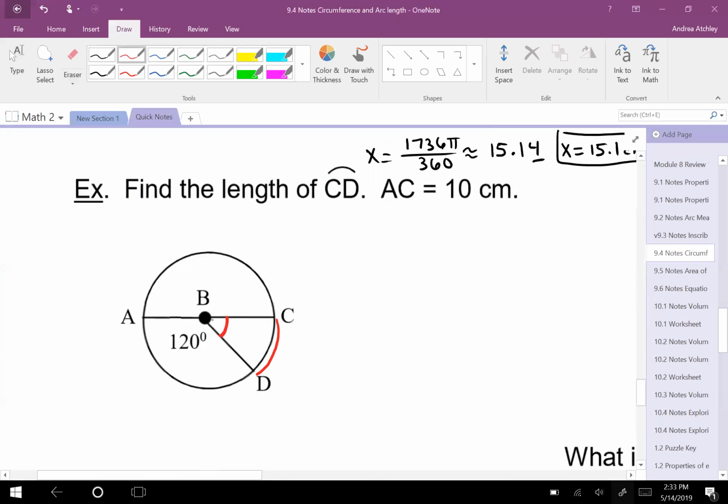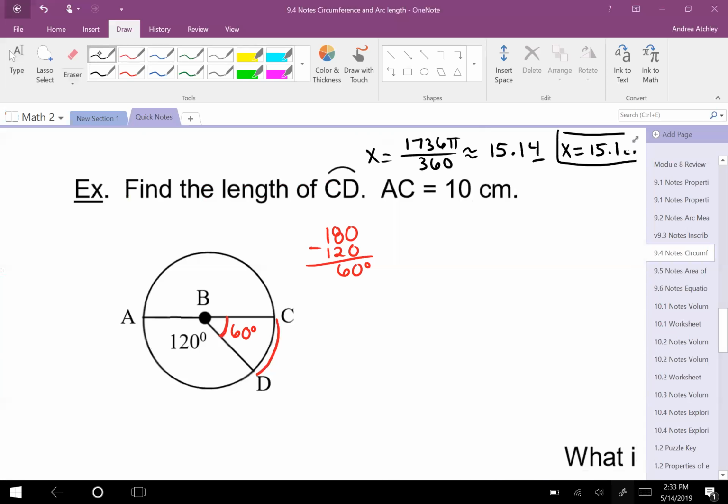Very good. This is a diameter. So the whole thing is 180. This piece is 120. So this is 180 minus 120, which is 60 degrees. So my central angle here is 60 degrees.